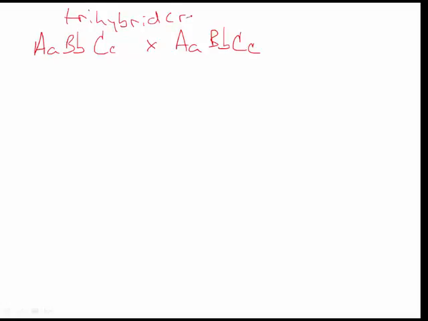Just to point out that it's easy to use this principle to predict the outcomes of any cross. Now here we wouldn't want to list all possibilities. So this is really a tri-hybrid cross.